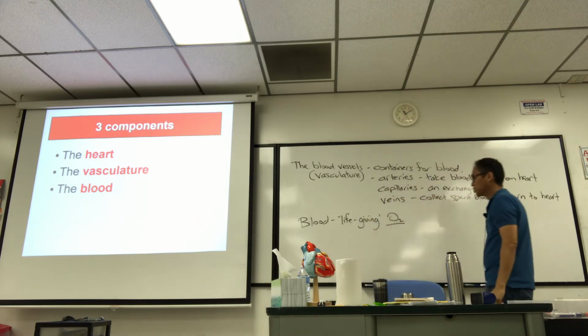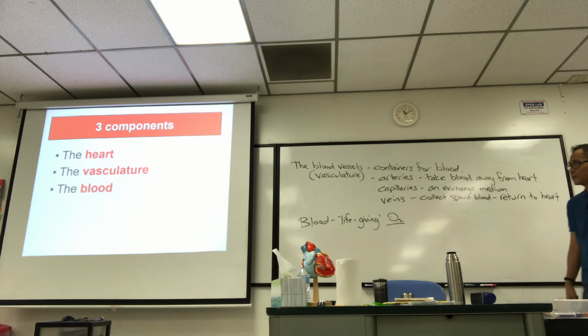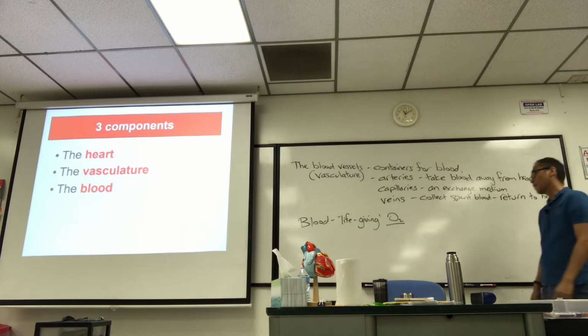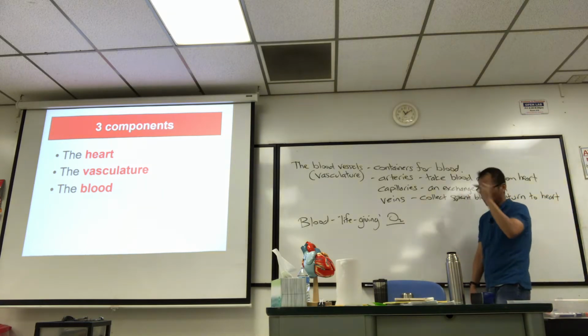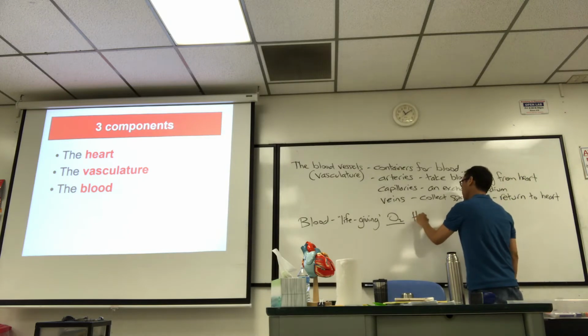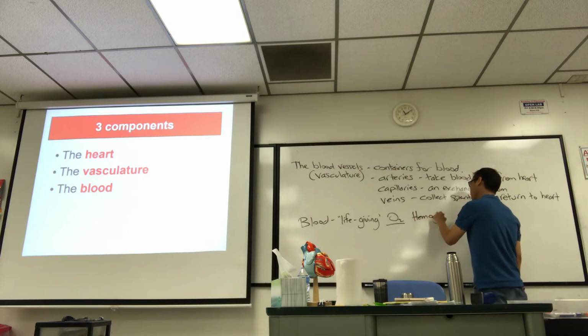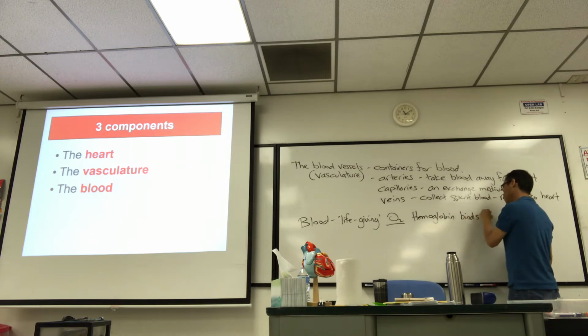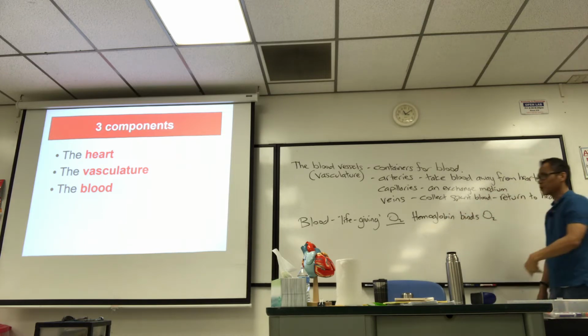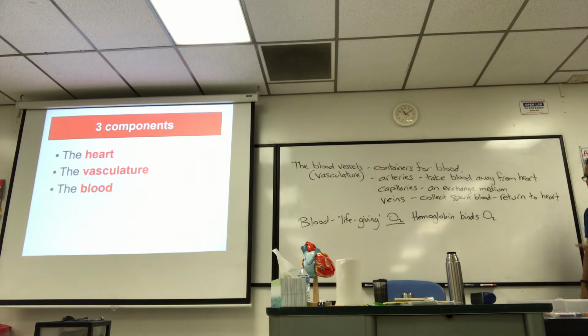You're delivering oxygen to all the capillary beds for metabolic needs. And the molecule that binds oxygen in the blood is hemoglobin. Hemoglobin binds O2. It can bind it, it can circulate it, it can drop it off. So it picks up, it drops off, picks up, drops off. We talk about that concept a lot in blood and in the respiratory system.